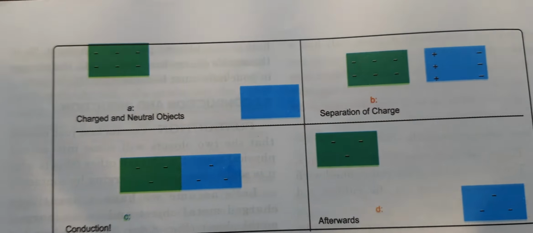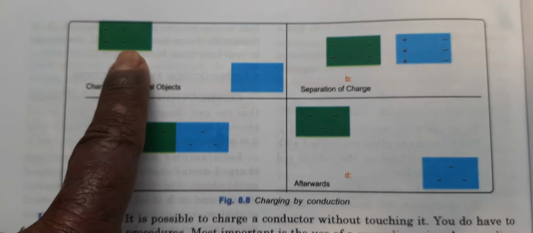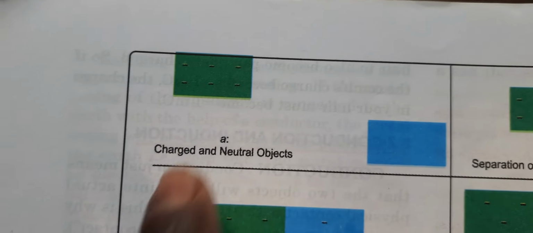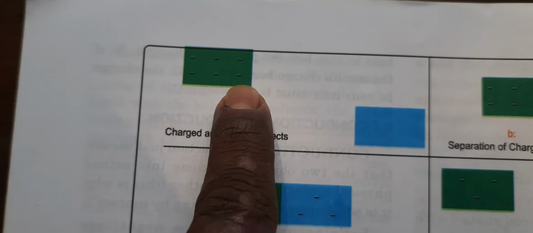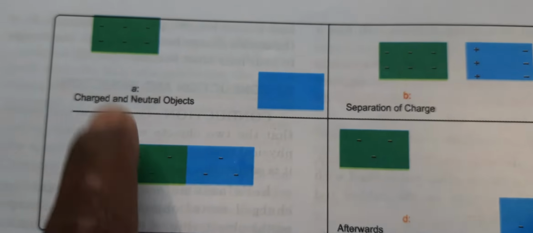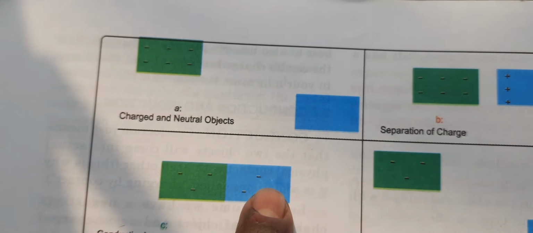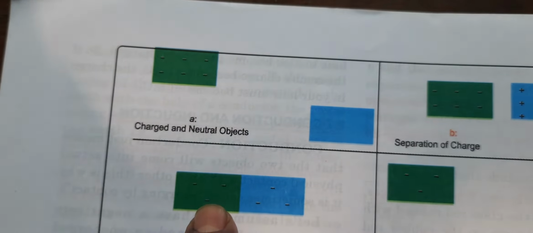But as the law of conservation of charge says, the number of charges remains the same only. See, to explain, look very carefully. How many negative charges? 1, 2, 3, 4, 5, 6. After touching, out of 6 charges, 3 charges come over here, and here it is left with 3 charges.